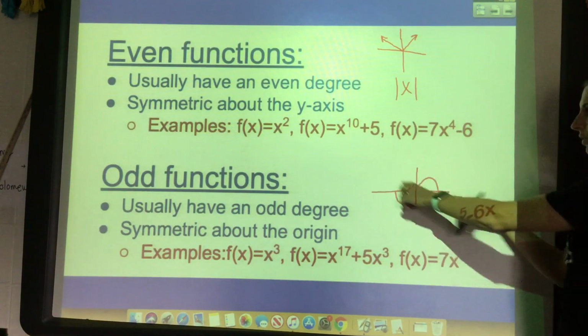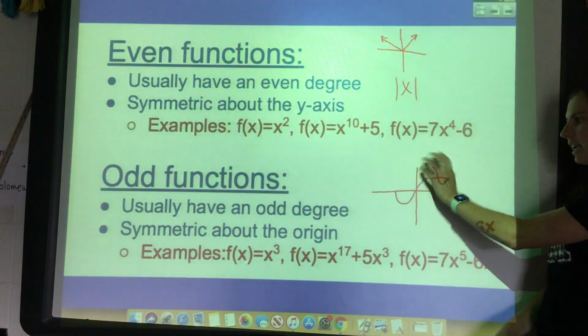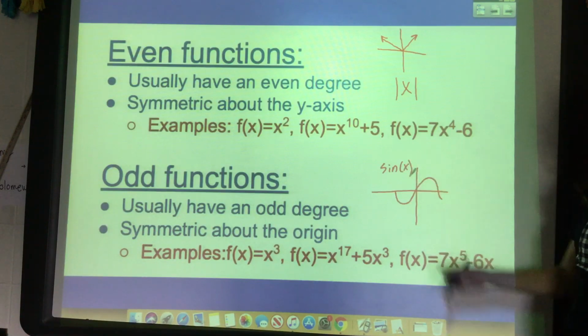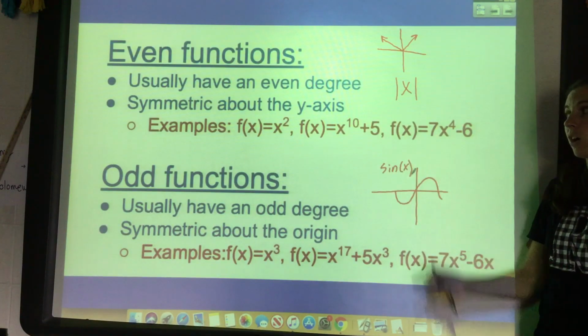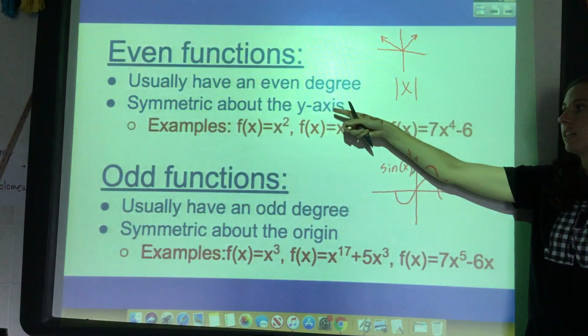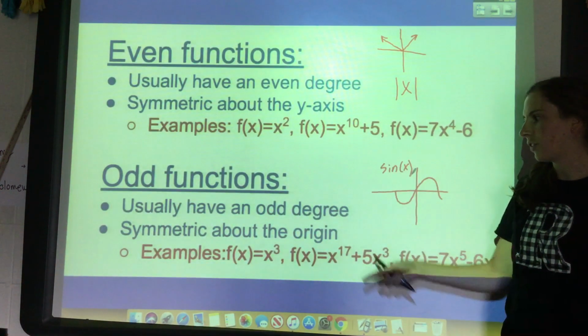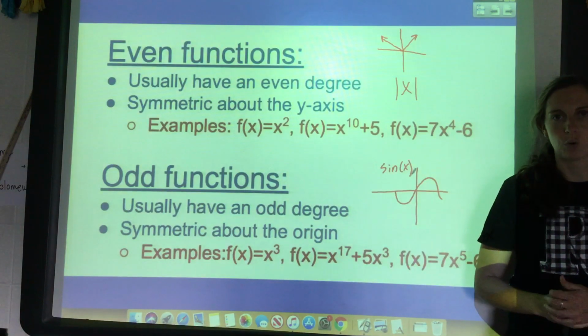And it continues forever in both directions, but if you were to rotate it 180, this is the function sine of x. So they don't always have an even or odd degree, but even functions are always symmetric about the y-axis. Odd functions is just the name we give to functions that are symmetric about the origin.